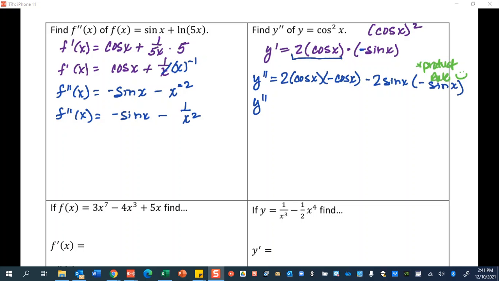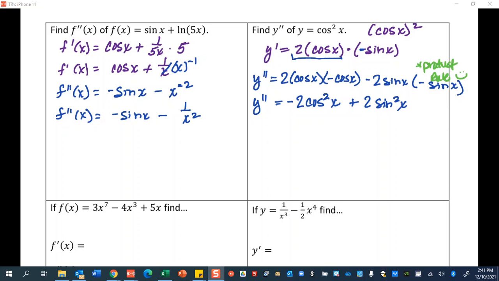So y double prime is equal to, we'll pull that negative out here, negative 2 cosine squared of x, and these two negatives cancel out, plus 2 times the sine squared of x.